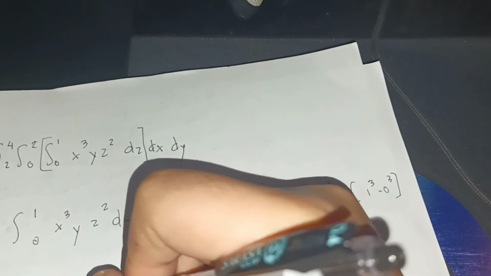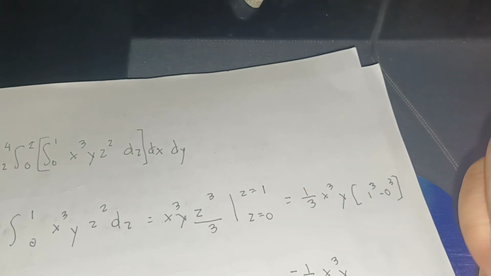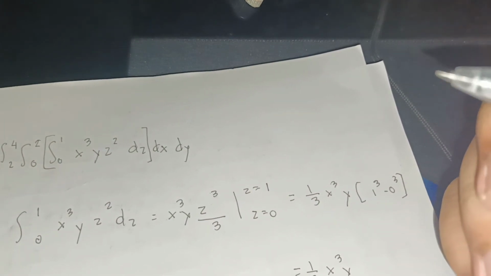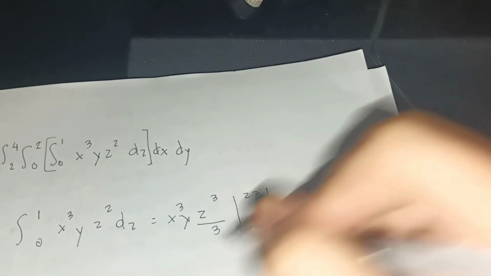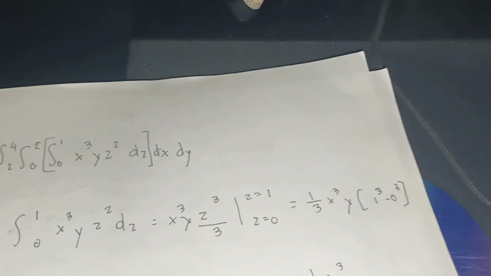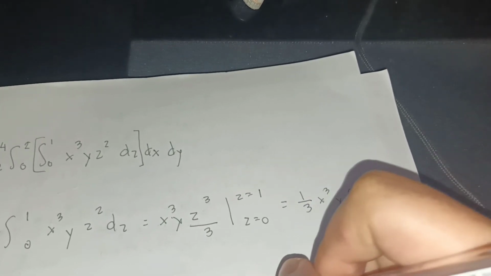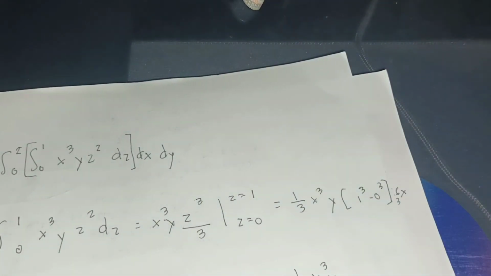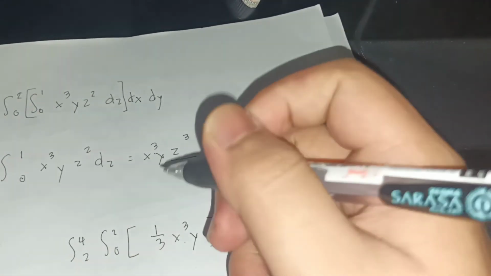We will be preparing it for 4 squared to 0, and we try to place it here now. 1/3 x cubed y, just copy then dx dy. After that, it's time for our second integral.